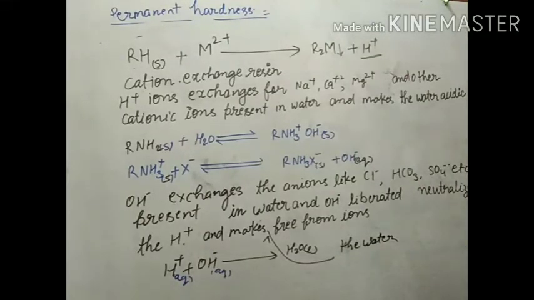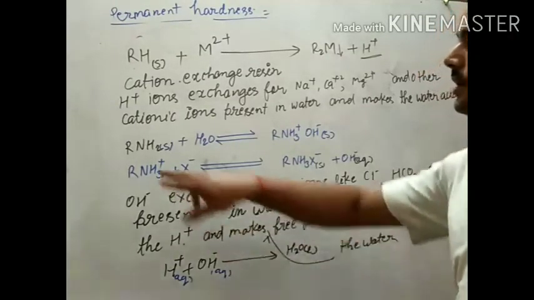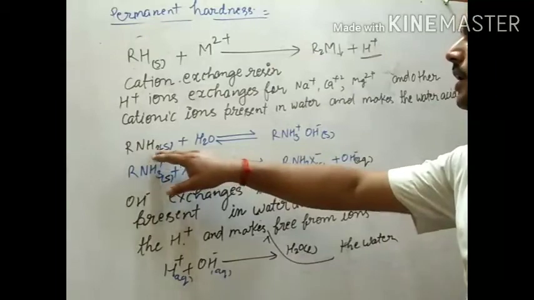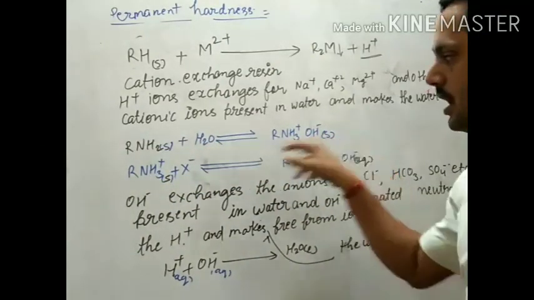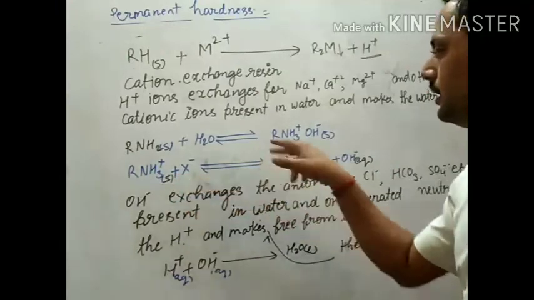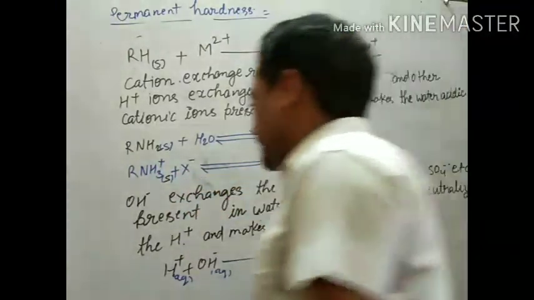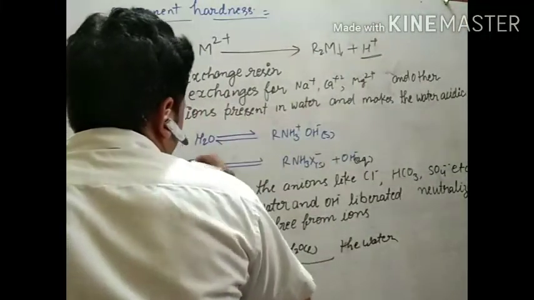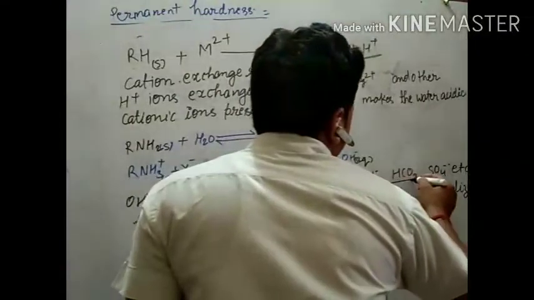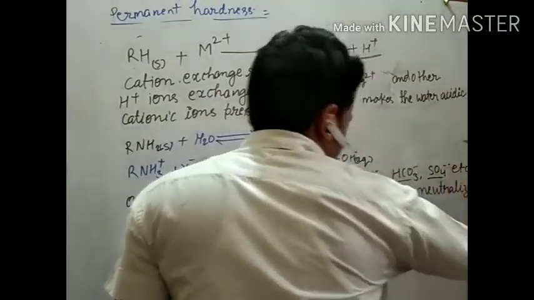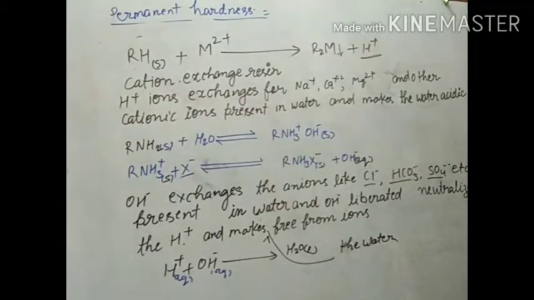When this water is again passed through the anionic exchange resin RNH2 plus H2O, it forms RNH3 OH minus. It exchanges the anions like Cl, HCO3, SO4 etc., meaning all the other anionic ions.